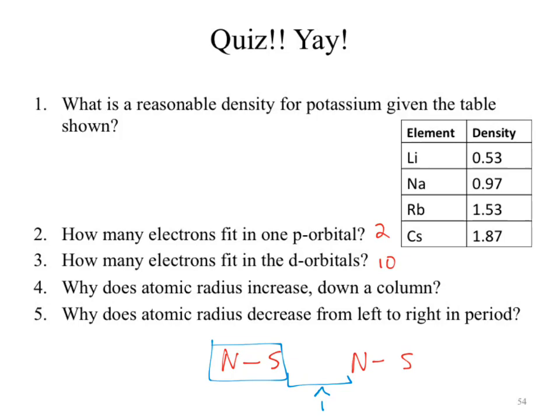The nucleus becomes more positive. Our electrons are going to the exact same distance away, but now the nucleus is becoming a stronger magnet. What does that do to the electrons? Suck them ever so slightly closer. By coming closer, your radius has now decreased. There's your explanation. We cannot explain that trend until we understand electron configurations.